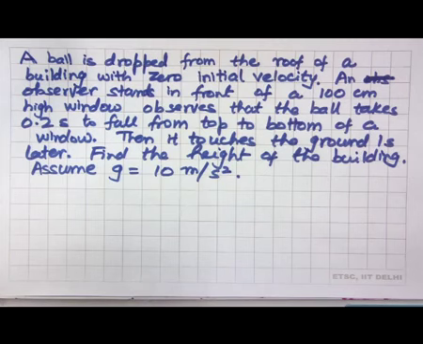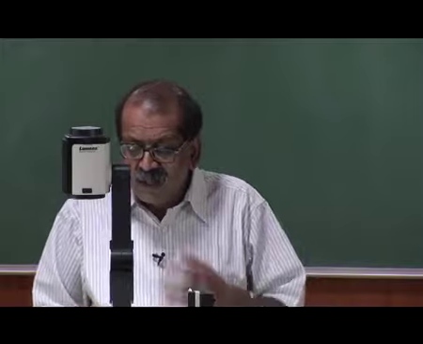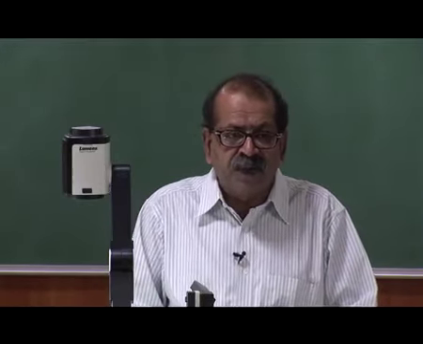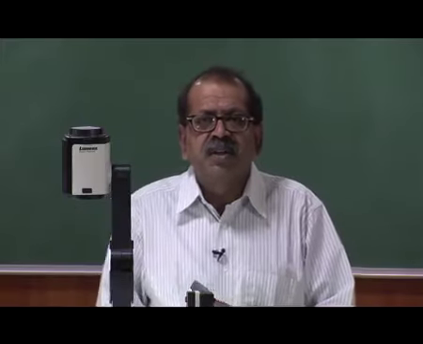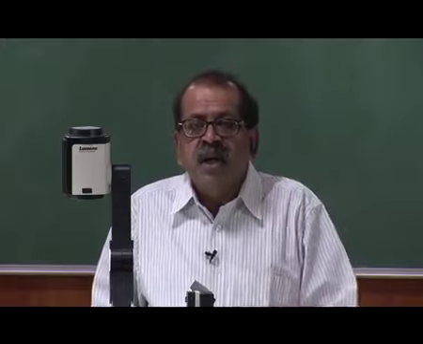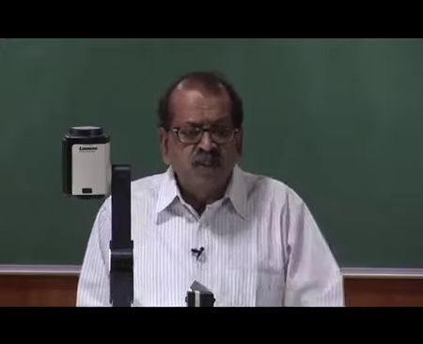It is given that we can assume the value of acceleration due to gravity is equal to 10 meters per second square. As we discussed in the last class, these are the problems where a body is falling freely under the influence of gravity. That means in the vertical direction, the acceleration which it is observing is equal to g towards the ground.